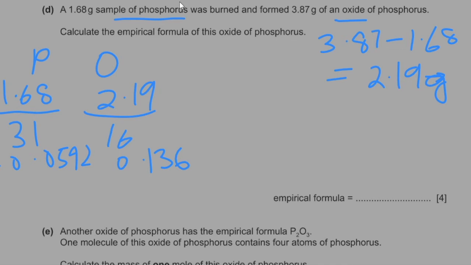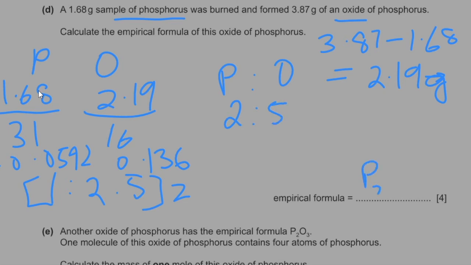And then I'll calculate the ratio by dividing both of the values with the least value, which is 0.0542 over here. So this gives the answer as 1:2.5, but we want whole numbers, so I'll multiply this whole ratio with 2. So this gives the ratio of phosphorus to oxygen as 2:5. So we have the formula of phosphorus oxide over here.